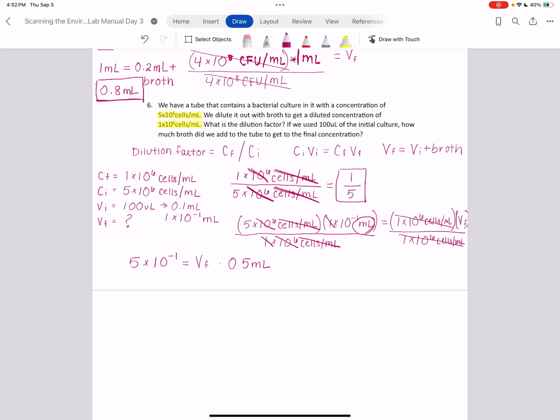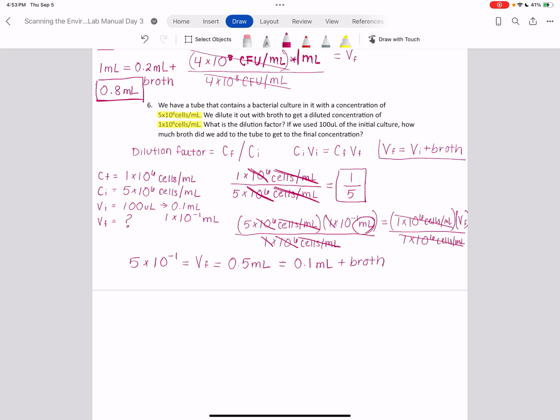We did find our final volume, which is great, but we need to figure out how much broth was added to the initial culture to get to this final volume. In order to do that, we can use this equation up here, and we know our initial volume was 0.1. We know that our VF is 0.5.